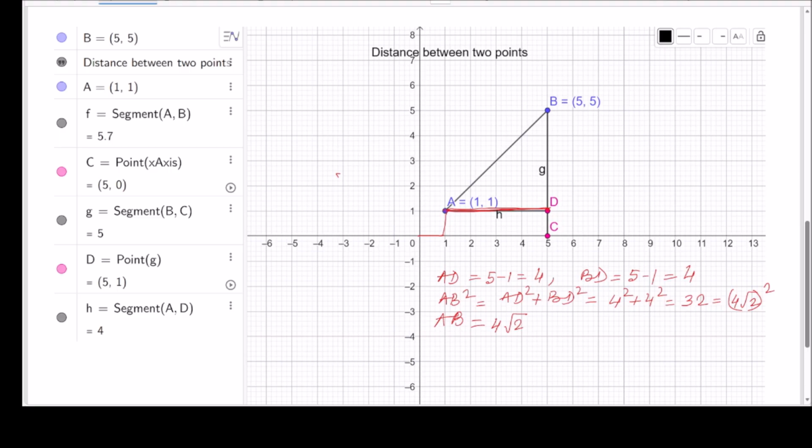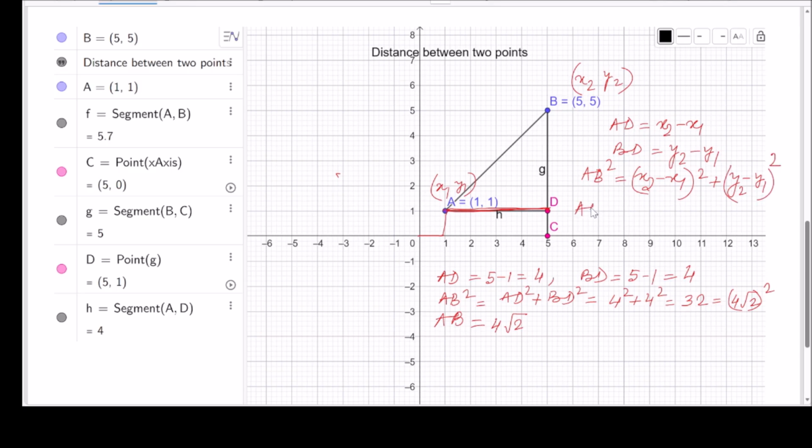So we can derive a formula now. If the first point is x1, y1, and the second point is x2, y2, then AD equals x2 minus x1 and BD equals y2 minus y1. Then AB square equals x2 minus x1 whole square plus y2 minus y1 whole square.